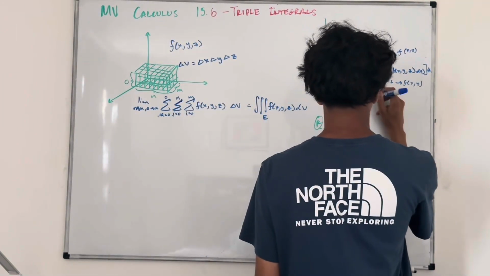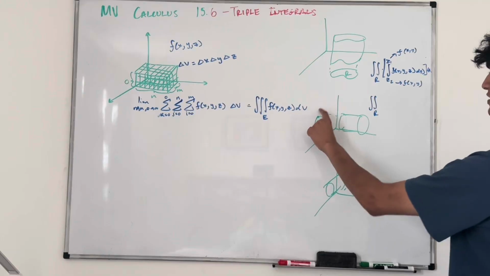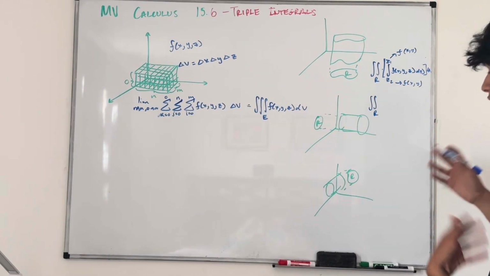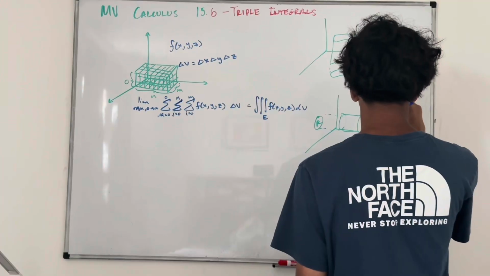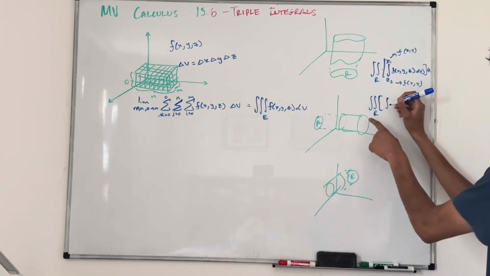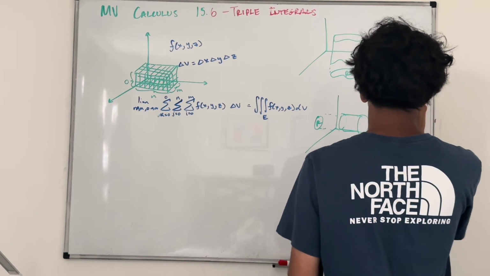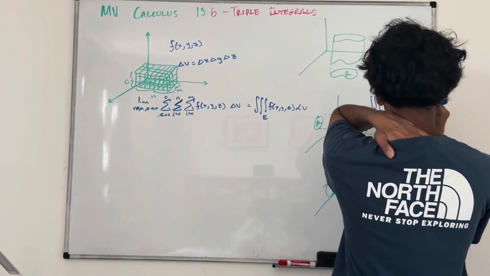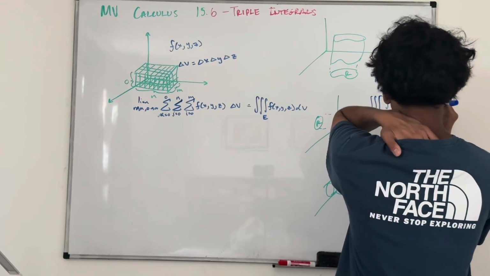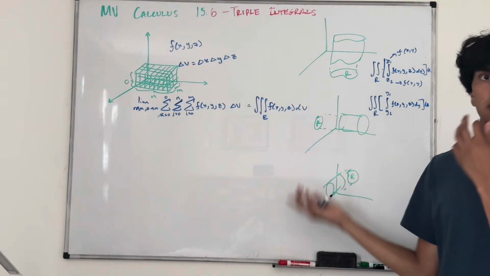It's just that now our double integral is going to be taken in the xz plane, and we're going to have an integral inside this double integral from y1 to y2 of f of x, y, z dy times dA.